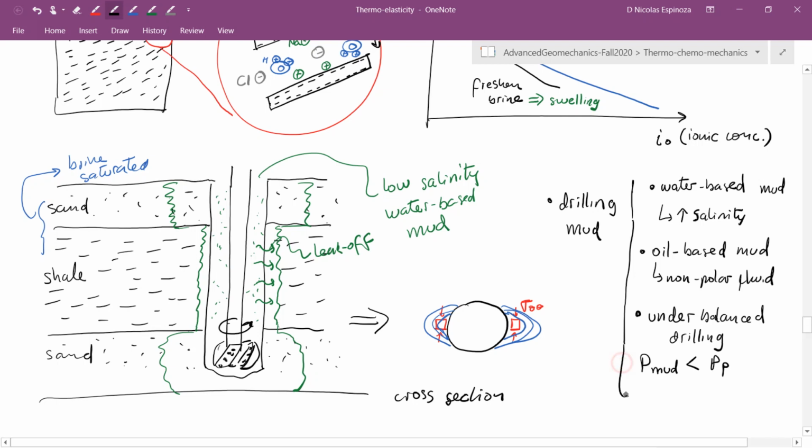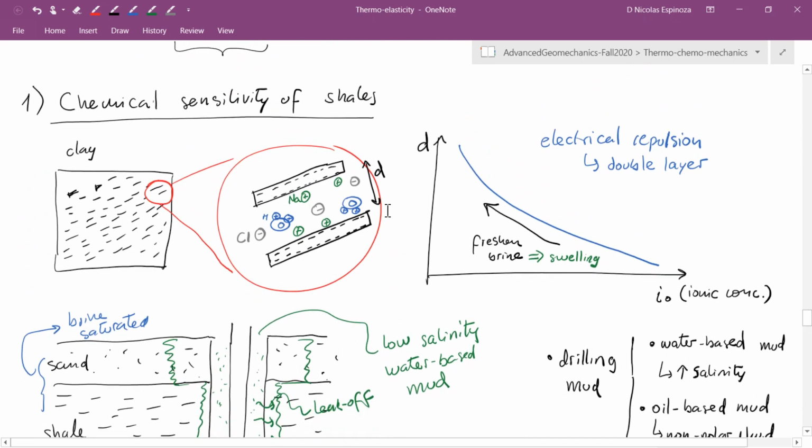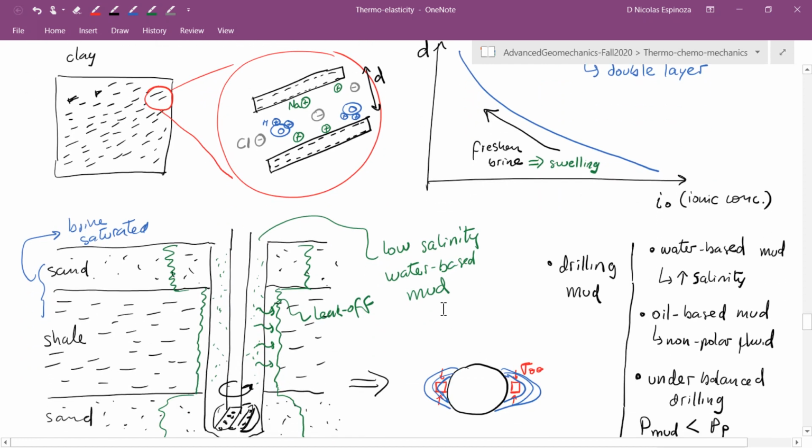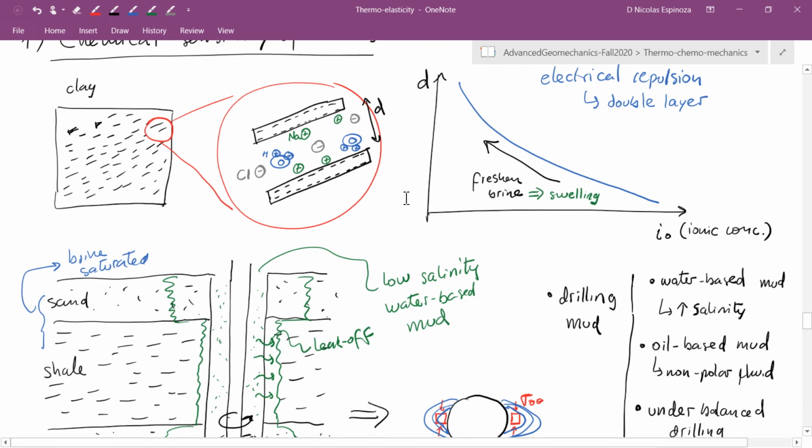Okay, this is one example of chemical interactions, and particularly for shales, due to the change of the chemistry in the pore water. And we saw how that links to mechanics through this expansion term.